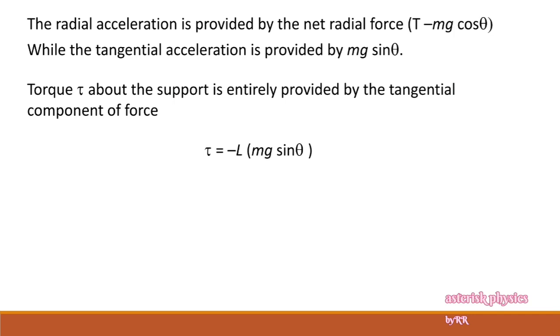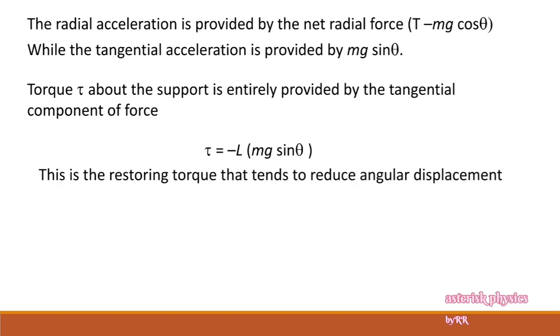Now the angle enclosed between L and mg sin theta is 90 degrees. So when you define L cross F, it is L into F into sin 90, and sin 90 becomes 1. So it is L into F, which is L into mg sin theta. This torque is actually a restoring torque that tends to reduce angular displacement. Therefore, it is taken to be negative.